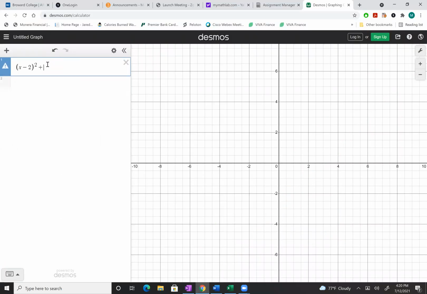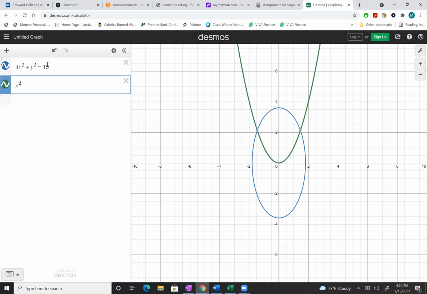All right, so let me give you the first equation, in which case we had 4x squared plus y squared equal to 13. And then on this side, we have x squared plus y squared equal to 10.